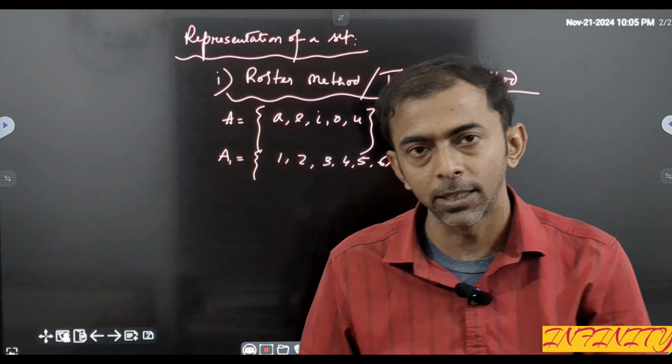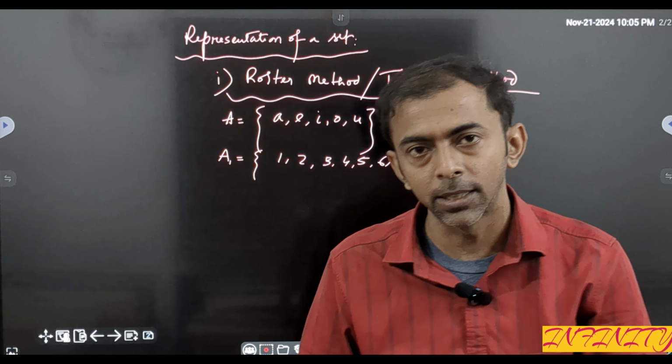You are introducing a variable x such that, this is the notation of the such that symbol. x belongs to, this is the belongs to symbol, x belongs to natural numbers, this is the natural number notation, and this is the notation of and, x belongs to natural numbers and x is less than or equal to 10.